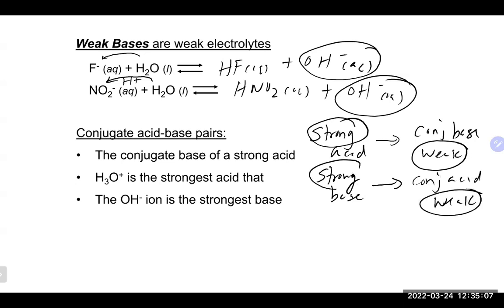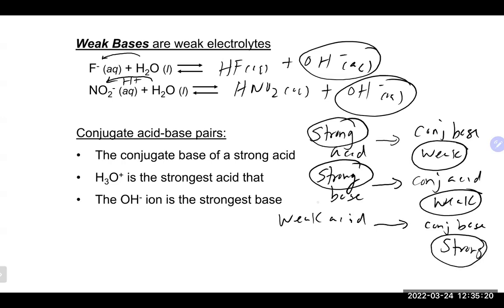So that kind of opposite relationship. If you started out with a weak acid, its conjugate base will be relatively strong. So again, opposite relationship. And lastly, if you had a weak base, its conjugate acid would also be relatively strong.